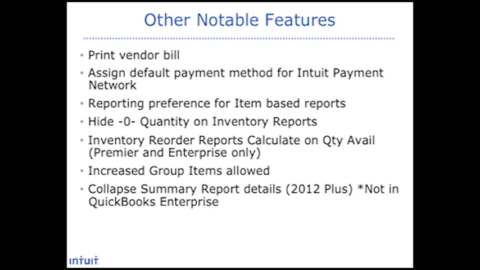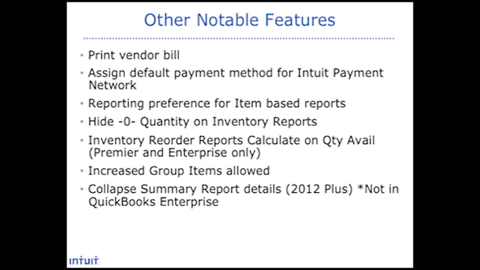If you are using QuickBooks 2013 Maintenance Release 3, the latest maintenance release, you can hide the zero quantity. There are also some cool new features on the inventory reorder points, where it calculates the reorder reports on the quantity available rather than the quantity on hand.